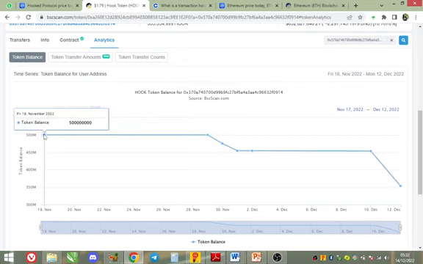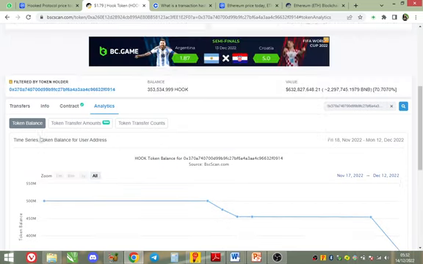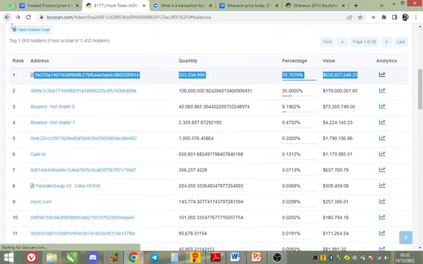5 million of this token. Why are we seeing 5 million of this token? The holder that we clicked on is the first holder, and I told you that the first holders are those that actually have the token.